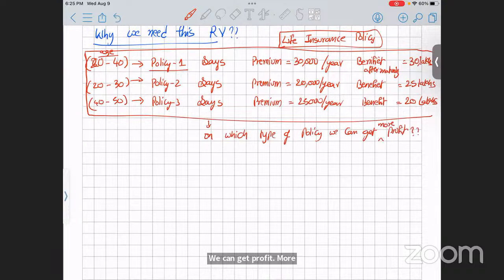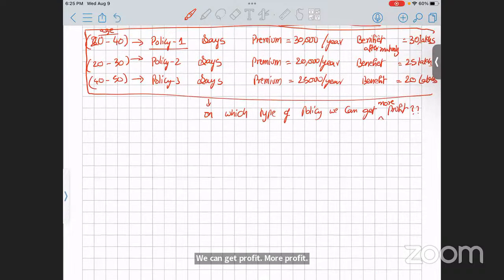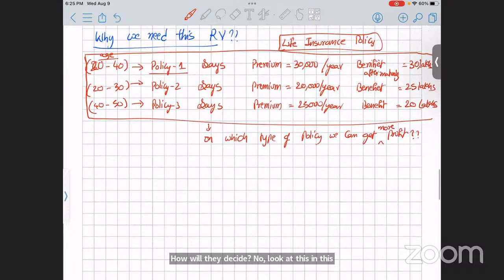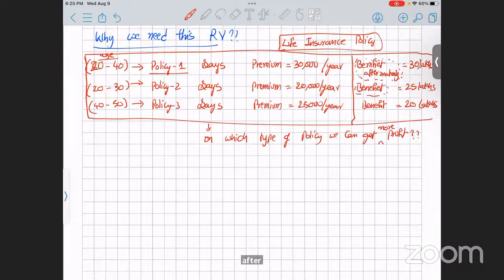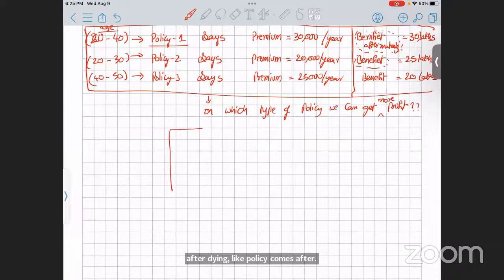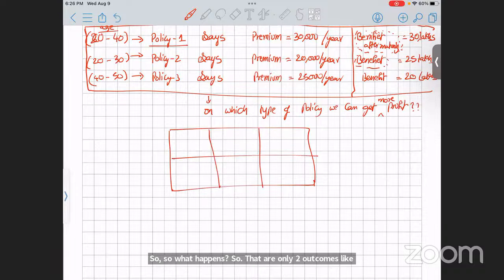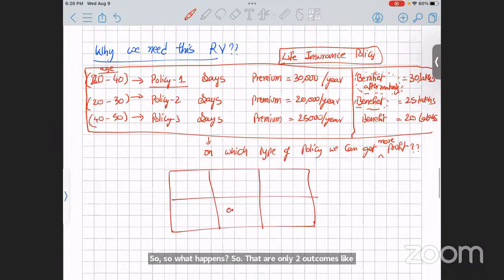how will they decide? Now listen this carefully. I wrote maturity, but it is like death benefit after dying. The policy pays after dying. So there are only two outcomes. The probability of a person dying is somewhat 0.20 to 40.